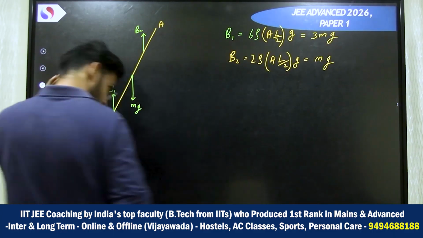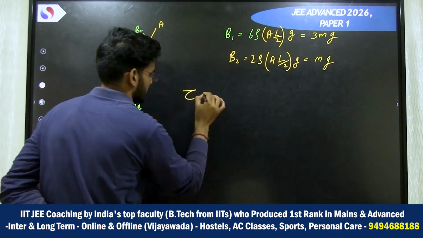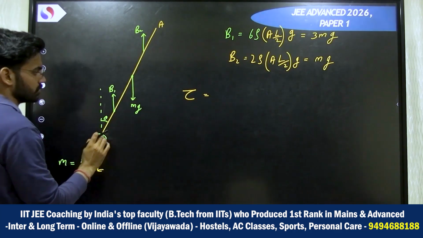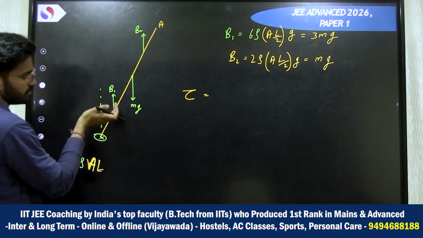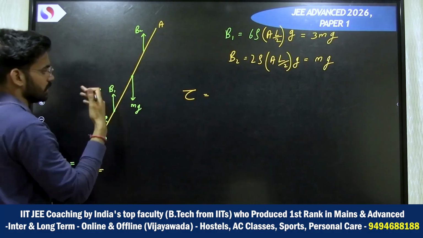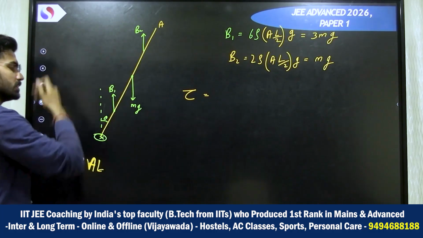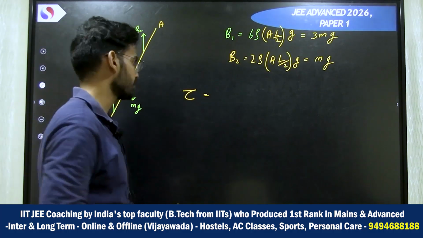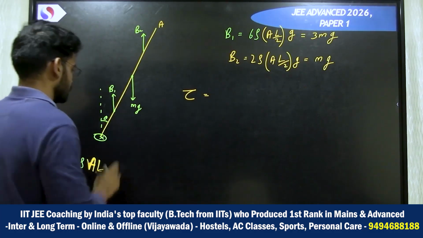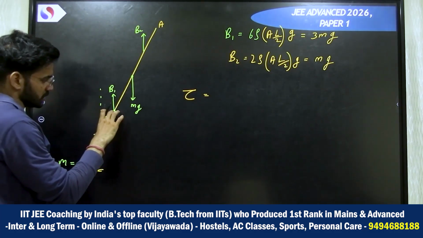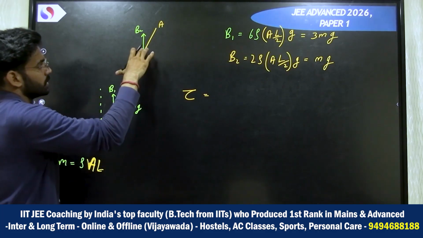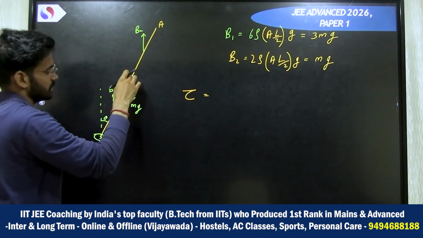Now, don't deal with forces, we have to write down the torque. Torque about this hinge point: the torque of mg will come in this sense, and B1 and B2 torque will come in the other sense. Obviously B1, B2 torque will dominate and take it this side, so that's the restoring torque. B1 is at L by 4 and B2 is at 3L by 4, and mg is at L by 2.